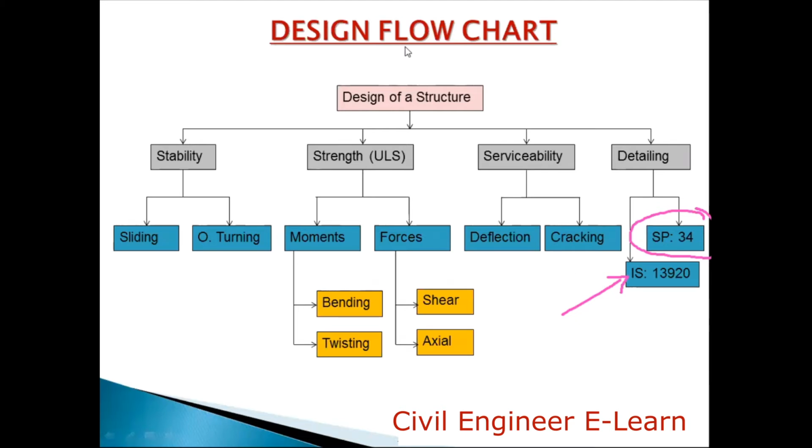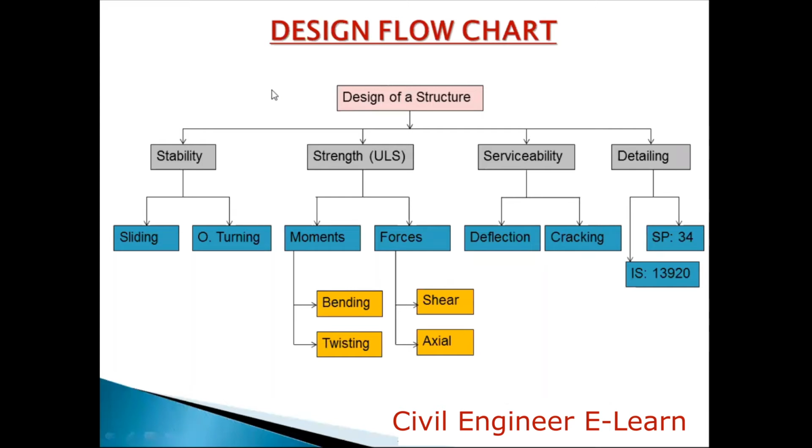So this is a brief discussion about designing of a structure, right? Now I think it is clear to all of you what exactly designing of a structure means. We just have to consider the stability criteria, strength criteria, serviceability criteria, and finally detailing. In our case, we do not have a stability criteria because the structure is a framed one, which has enough strength and stiffness to withstand the sliding and overturning forces.